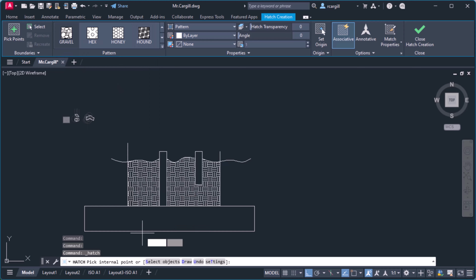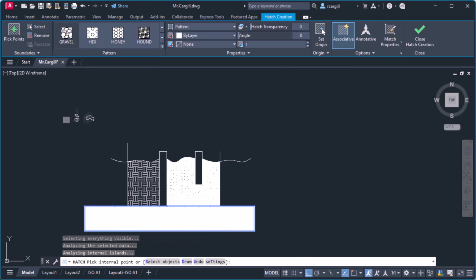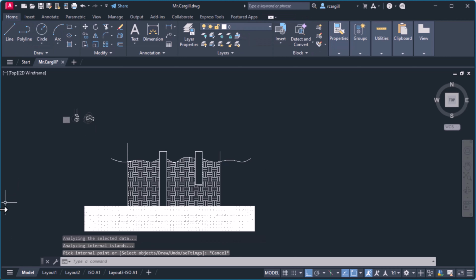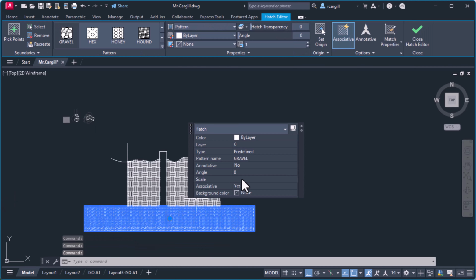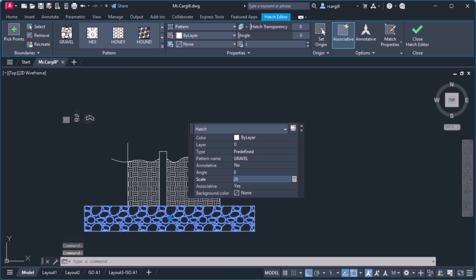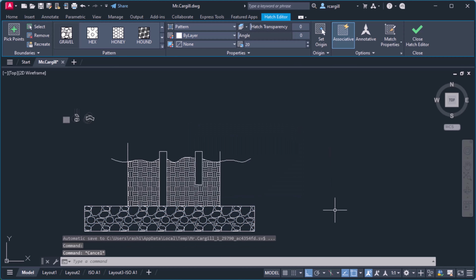And I can hatch this now. Just like we did for the earth, we're going to change the scale for this. The scale is set to 1. Let's do the same scale. Let's do 20. All right, and there we go.